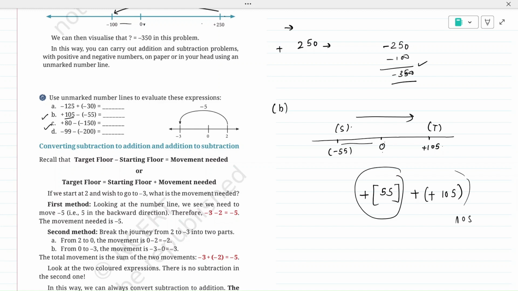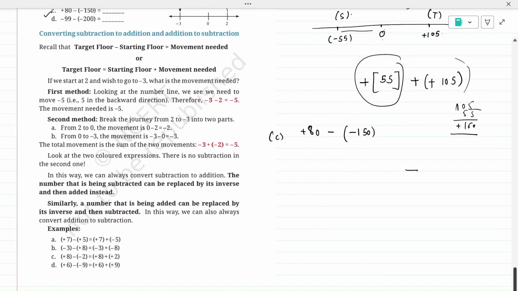So let's add, what we'll have here is 160. So that means we have to take 160 steps to reach there. Okay. Next we have the C part, 80 plus 80 minus 150. So let's do this.